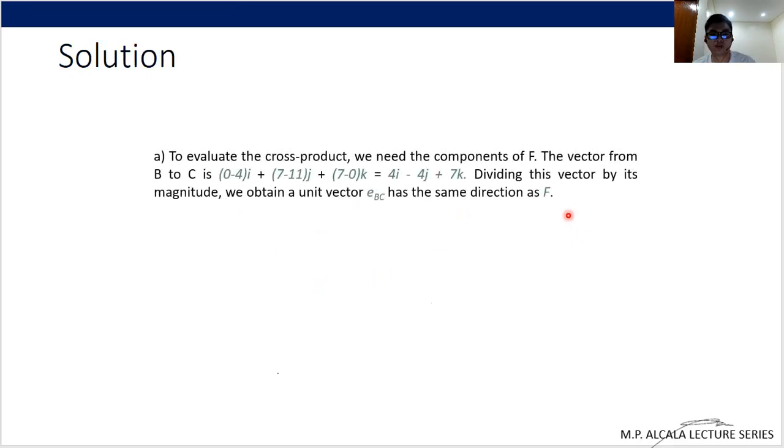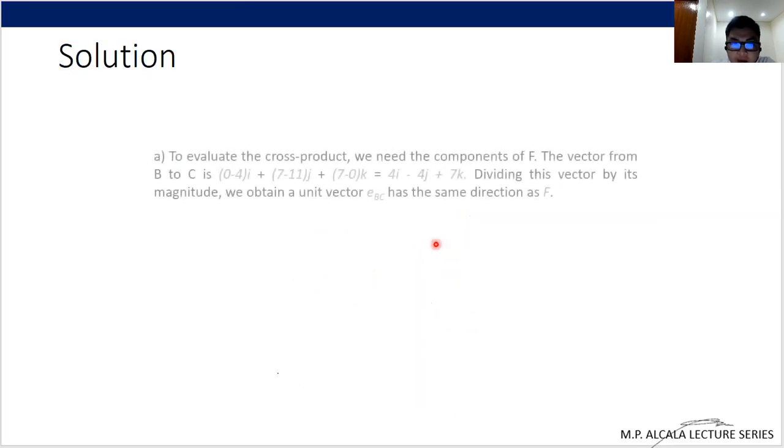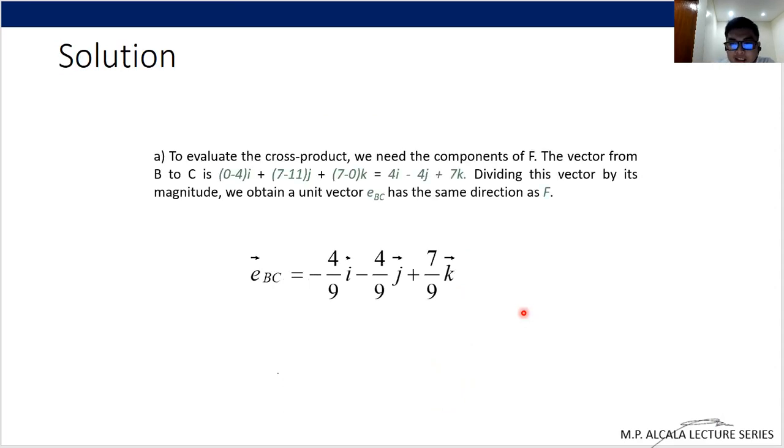Solution. First, getting the distance, we have identified that from this one: point C minus point B. That will be 0 minus 4, 7 minus 11, 7 minus 0. That will be my R_CB. Dividing this vector by its magnitude, we simply get the unit vector.